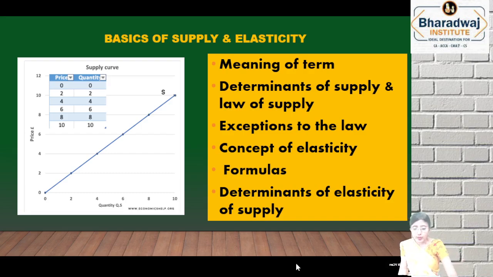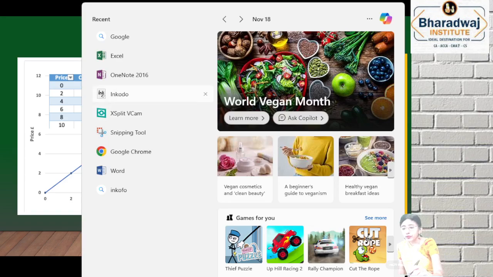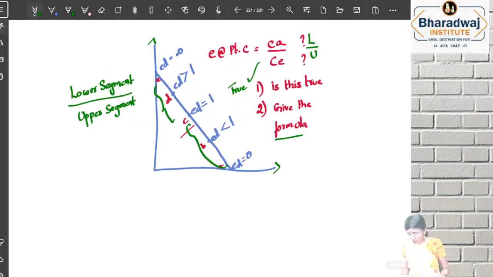Now, let us begin this with an exercise which I will give you. You may do that exercise very clearly now. Exercise on supply. Take down. Covering the chapter, I have selected a few questions.